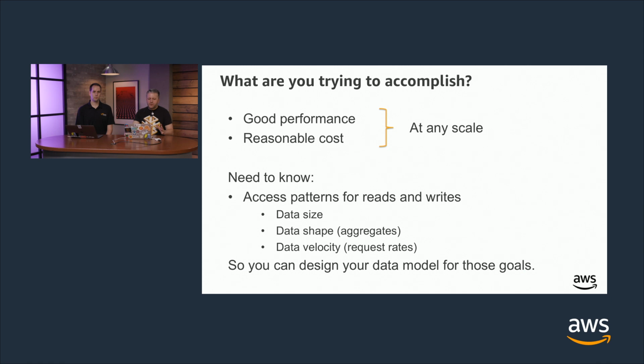For this, you need to know access patterns for reads and writes. We need to know data size and shape in order to figure out what our aggregates should be, and data velocity. What are request rates? How often do we do a particular request? What are peak rates for a given request?